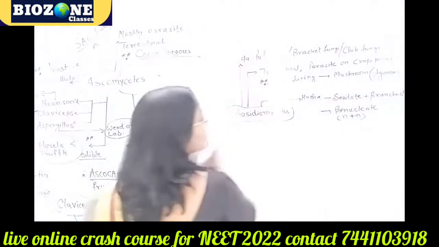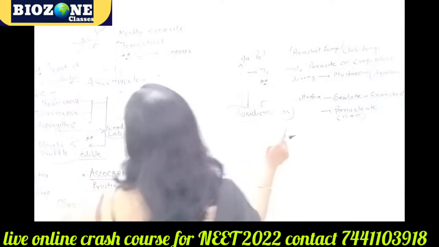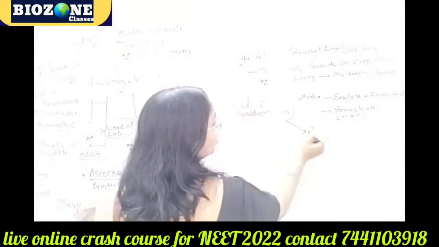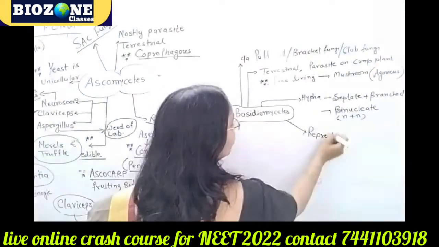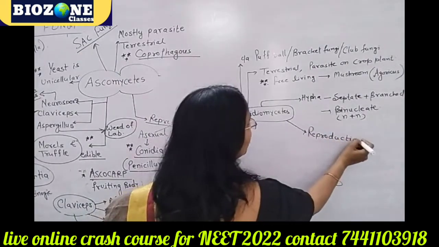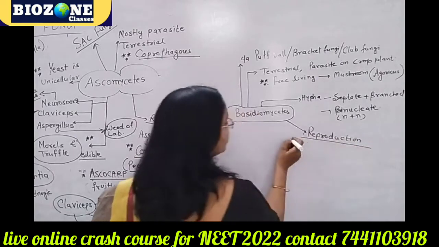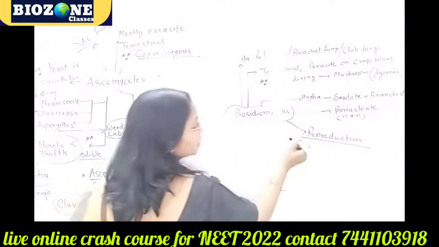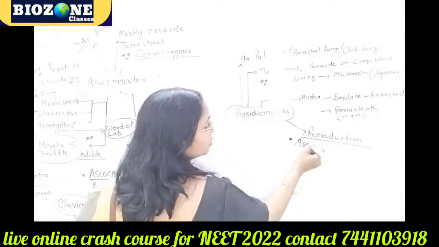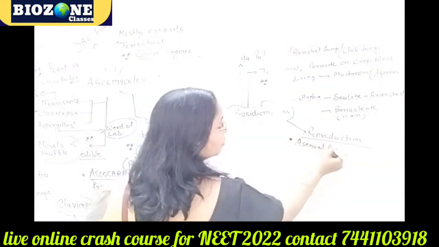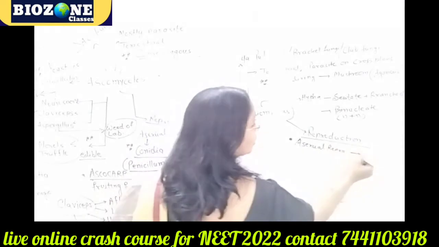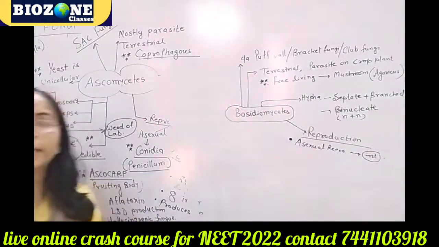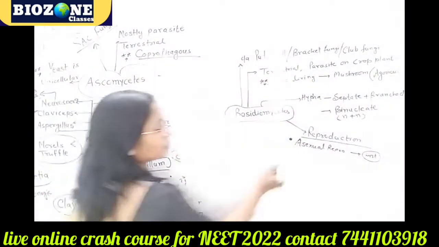After that, in Basidiomycetes, when you start to study, here towards this side we come towards reproduction. And in reproduction, what we are using the term in Basidiomycetes is that asexual reproduction is completely absent. Most important thing, asexual reproduction is completely absent.